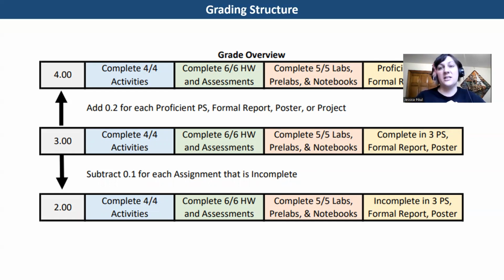For these, maybe it's just completing everything and then not even trying any of the grade building projects, or it's missing a week of lab and a homework assignment and a self-assessment. So it could be missing a whole week of class as well. So there's kind of a lot of ways to think about how things shake out below the 3.0, but a 3.0 and higher kind of looks the same no matter what.